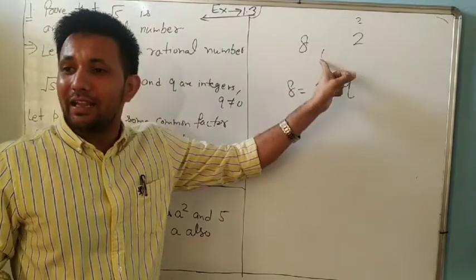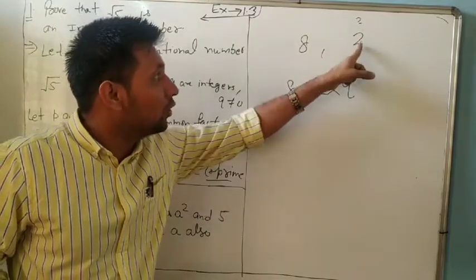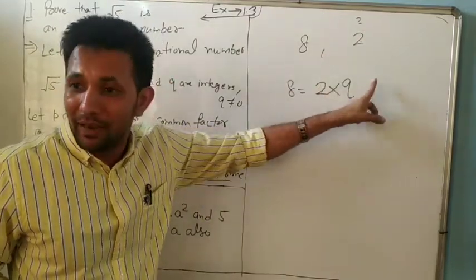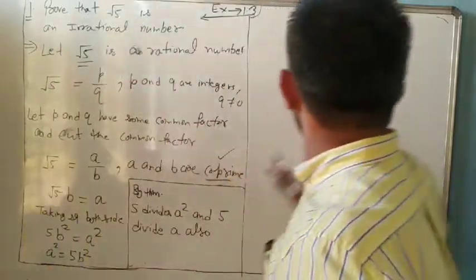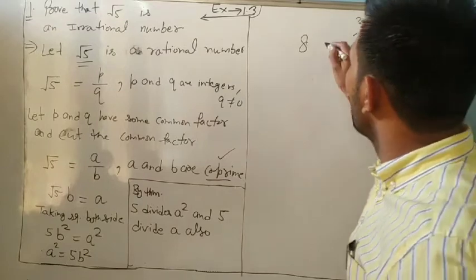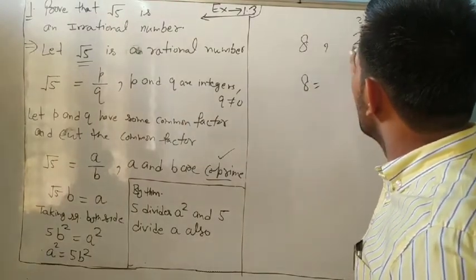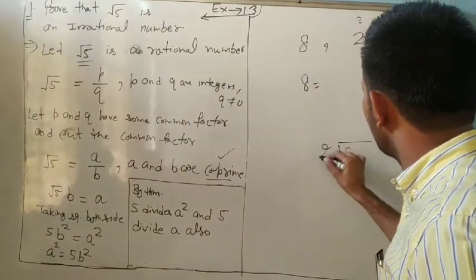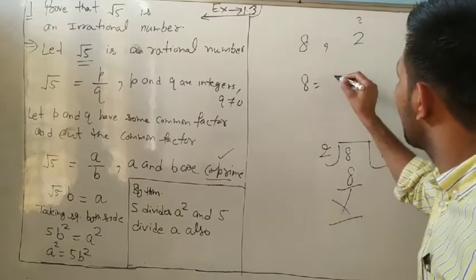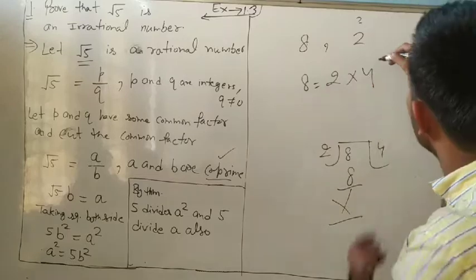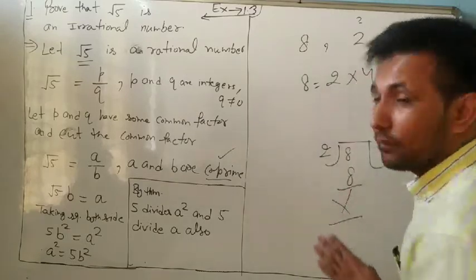If 2 divides 8, it means 8 equals 2 into some factor or not? If 2 divides 8, then 8 divided by 2, we get some quotient or not? Divide means completely divide, so 8 equals 2 into 4. Maybe any quotient will come or not?